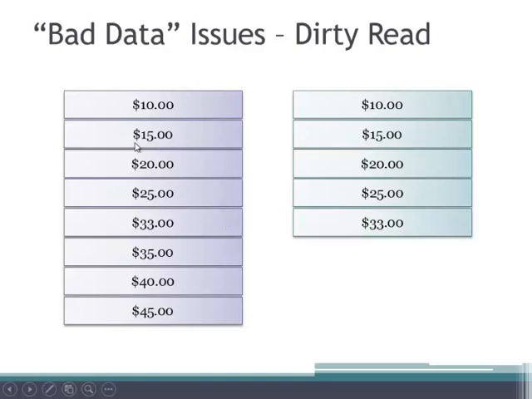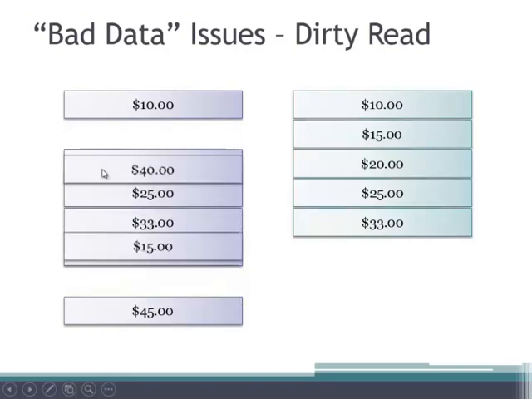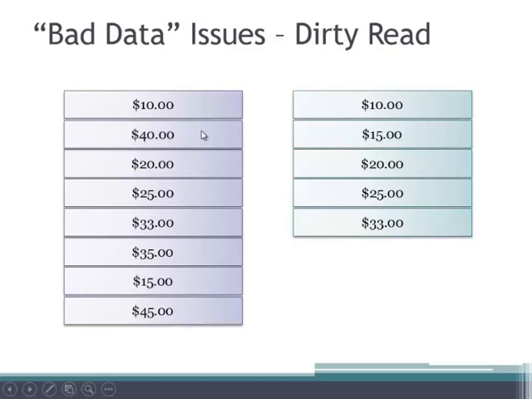And this one is going to modify the price for this product here, the $40 price, such that it moves the product to an earlier spot in the table. Likewise, a similar modification takes the $15 product and moves it to a spot later in the table. Now, it doesn't change the prices. It's just the modification had the result of moving the location where that price was stored in the table.